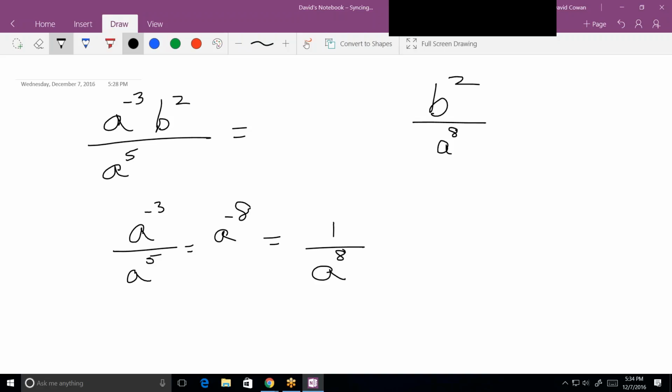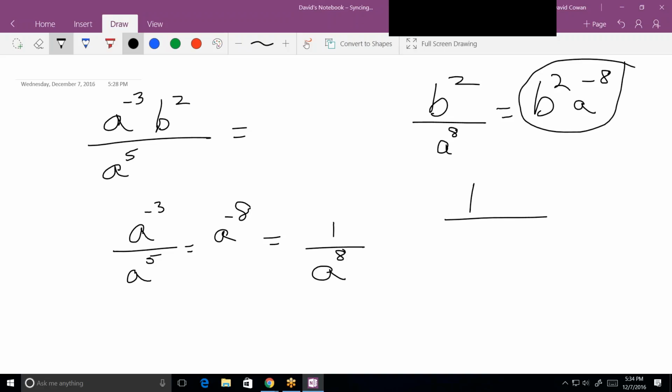They always want you to give your answers with positive exponents, not negative ones. So even though this might be equal to b squared times a to the negative eighth, I'm never going to give that as an answer. I'm always going to put the a on the other side of the fraction bar and change that negative 8 to a positive 8. And like I said, it works both ways.